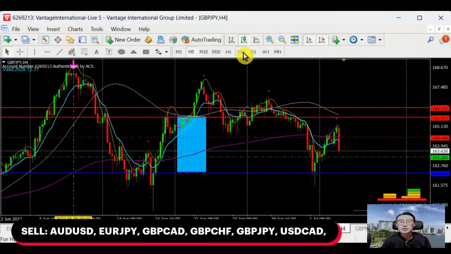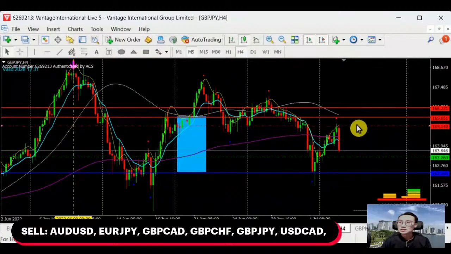Recap back. As I was explaining earlier on, from the resistance here, it has already tested once, which we talked about yesterday. After it tested the resistance, it started to swing down.